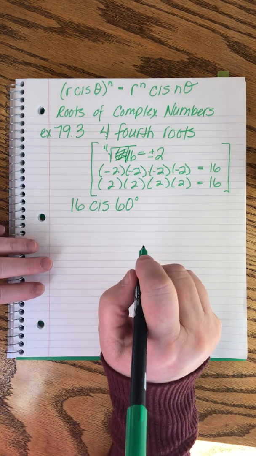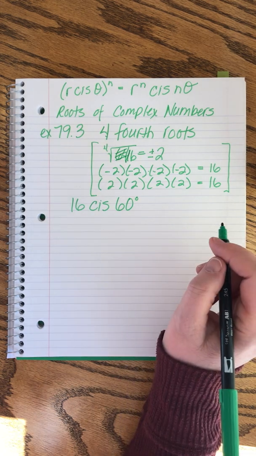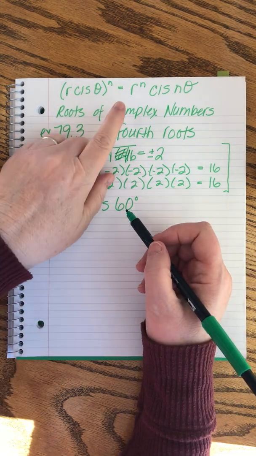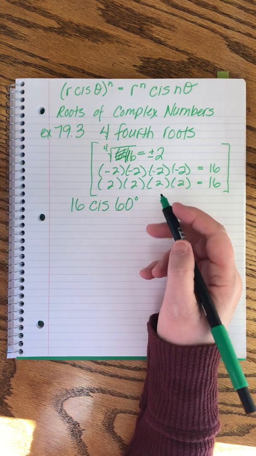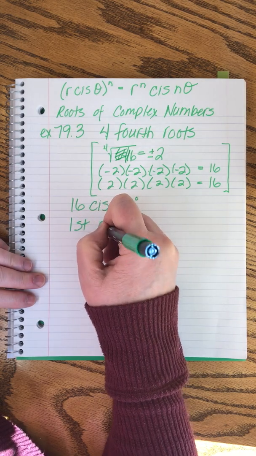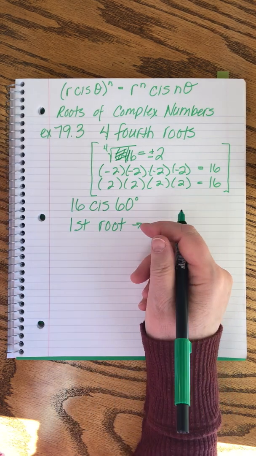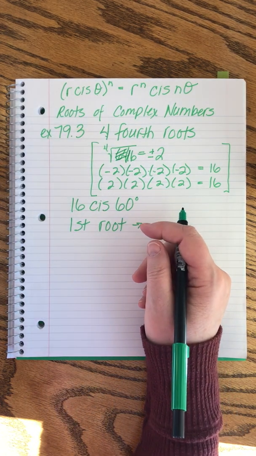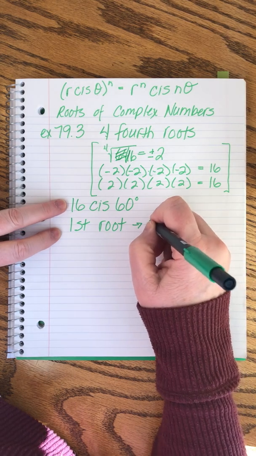That's kind of a one-time thing that John's going to have us do for this first problem, and that's kind of cool. Okay, so how do we figure this out? We use this in reverse. First we find the first root by applying this directly.